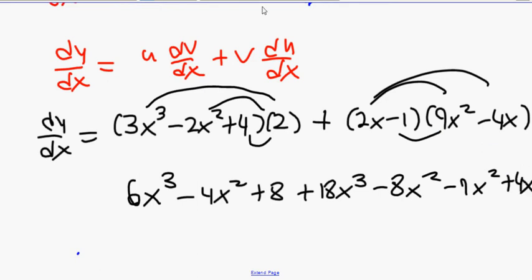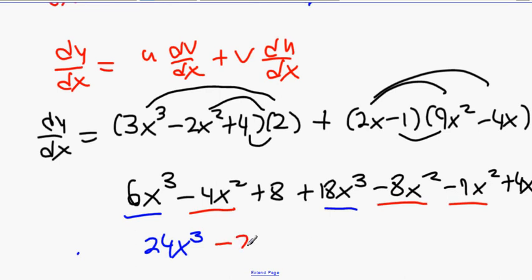Group them. X cubes, 24x cubes. X squared, minus 21x squared. X's. And then finally regular numbers, and that's your answer.